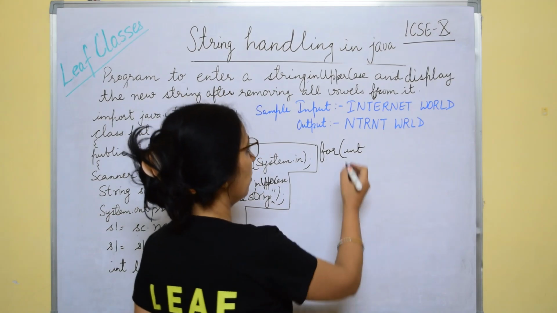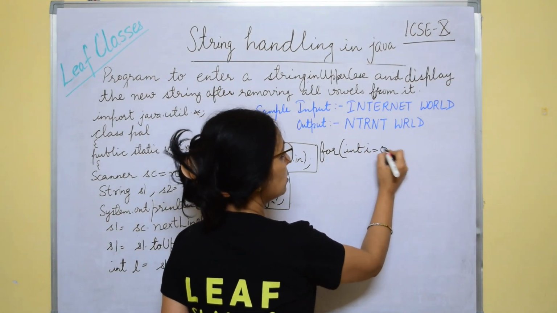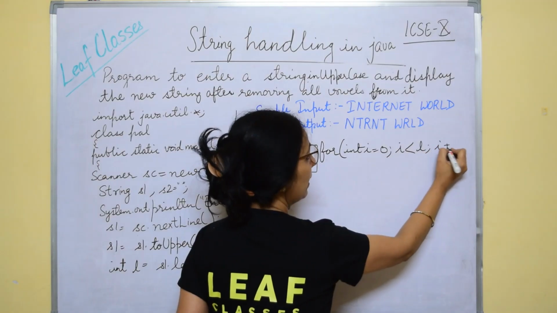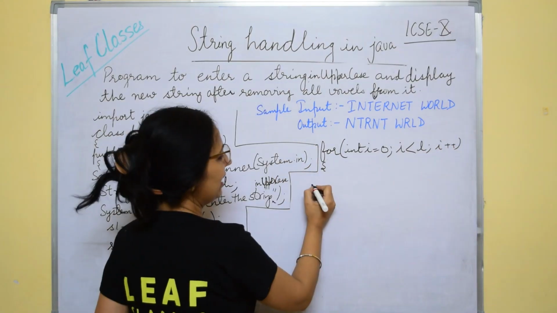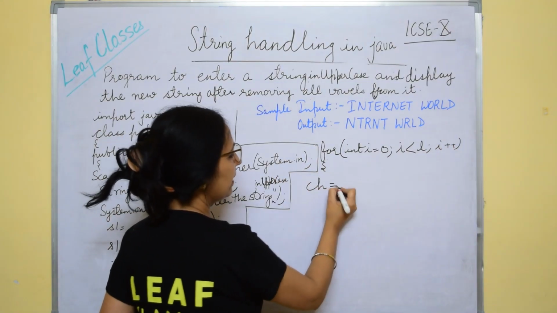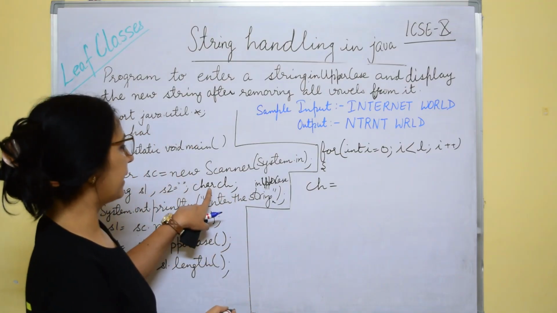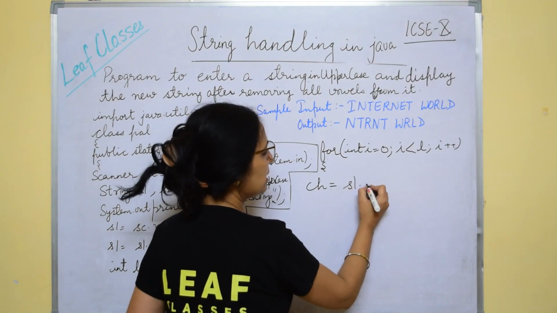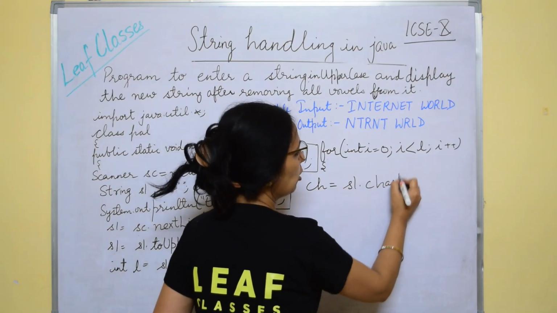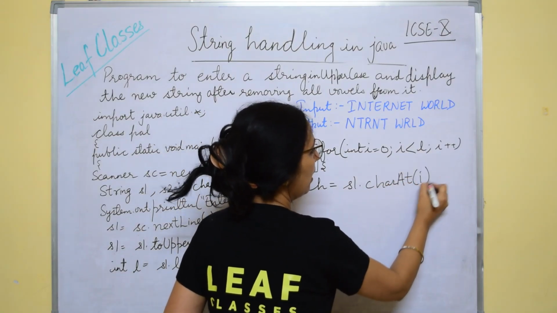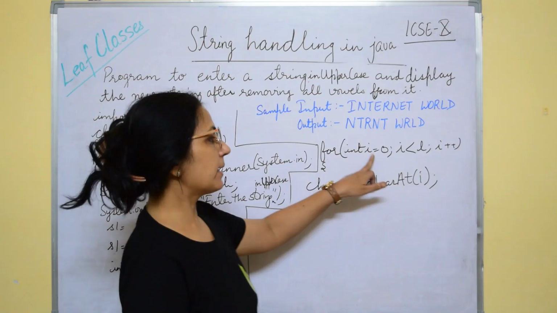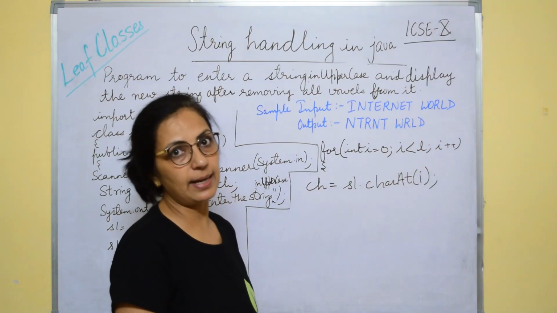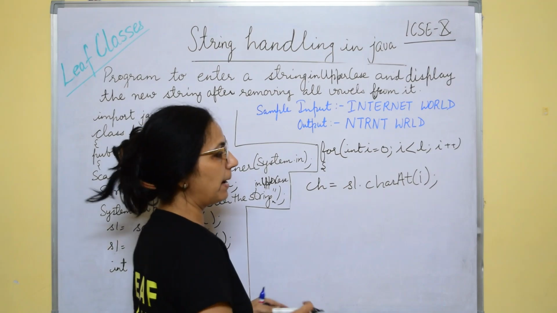Okay, let's see the program. Int i equals 0, i less than l, i plus plus. Now we extract the character in ch, which we have already declared as char ch here. So ch equals s1 dot charAt of i. First time the 0th character, then first, then second, like this till the last index number the characters will be extracted one by one.